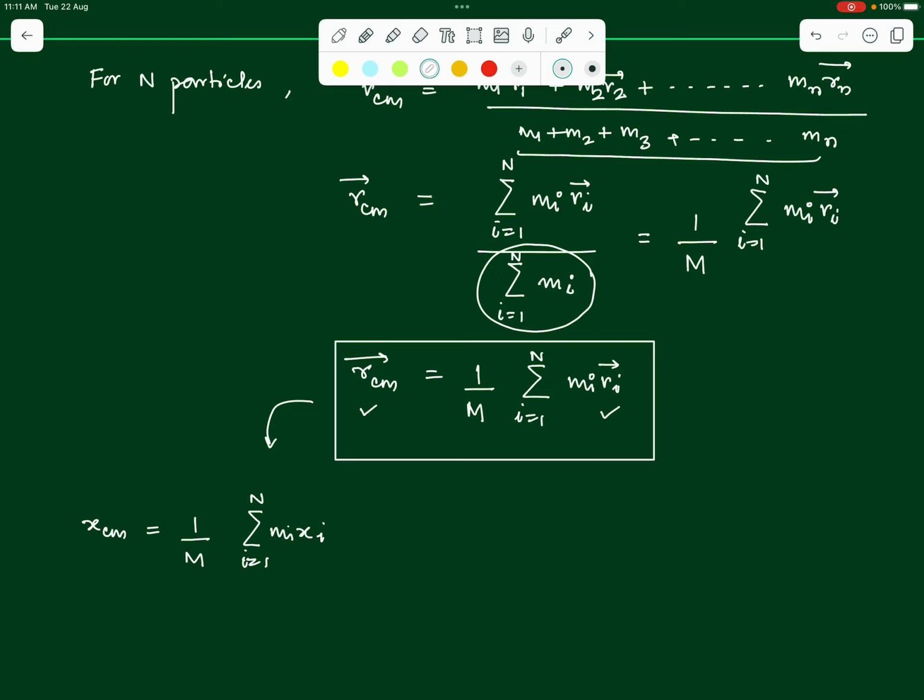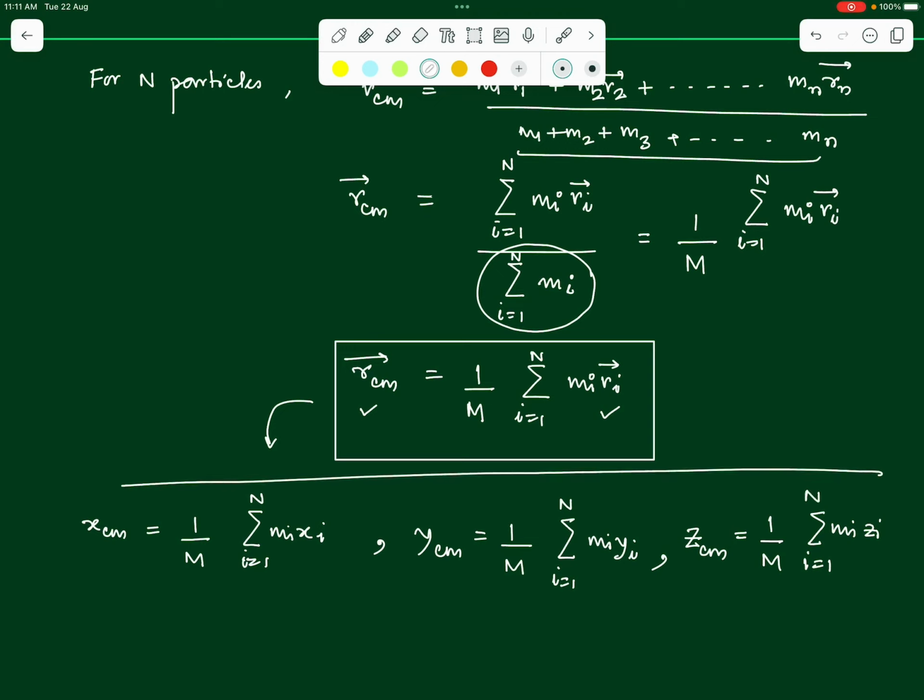Similarly, the y coordinate of the center of mass will be 1 by capital M summation of m_i y_i, where i runs from 1 to n, and similarly the z coordinate of the center of mass will be 1 by capital M summation of m_i z_i, i running from 1 to n.